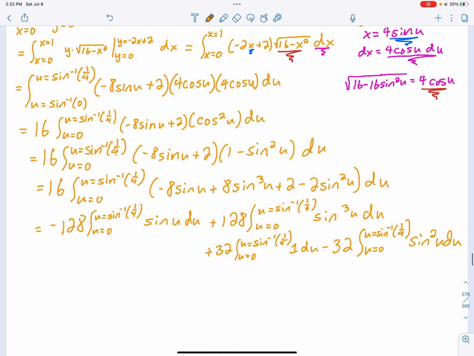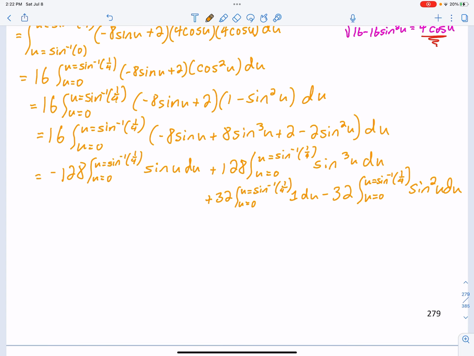Cool. So this is just a bunch of integration now. It's not pretty. I got negative 128. The integral of sine is negative cosine u. And then we run that from 0 to inverse sine of 1/4 plus 128 of, okay, we're just going to use the reduction formula here.